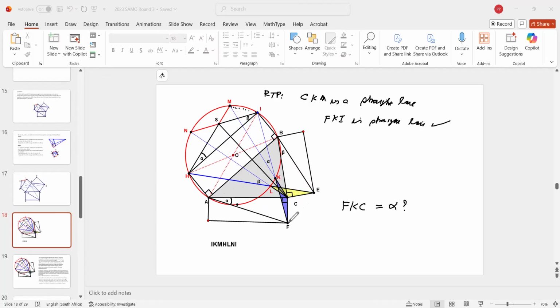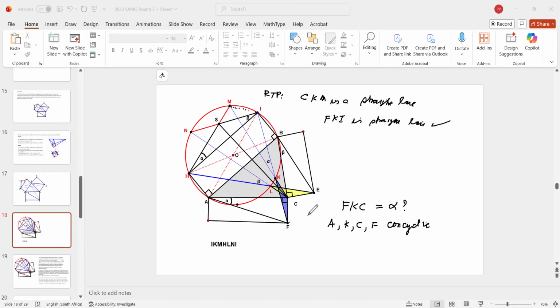But if you look at this, you'll see FC subtends alpha here, and the same line subtends the angle we are investigating, FKC. So for this to be alpha, we are asking the question, are these points on a circle? Are these points concyclic? In other words, we're talking about A, K, C, F. Concyclic means they lie on the same circle.